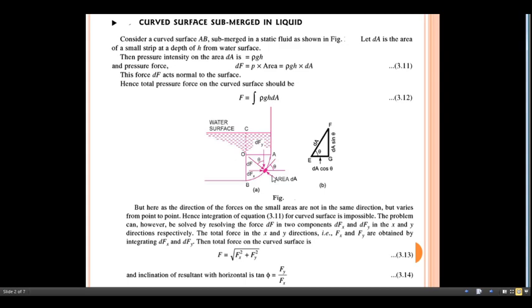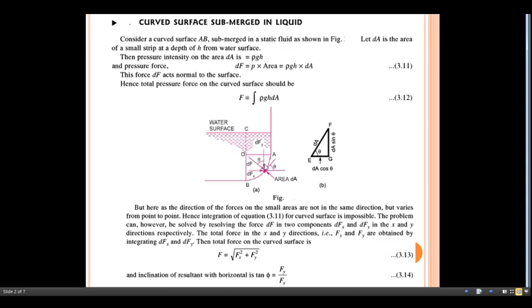However, the problem can be solved by resolving this force dF into its components. The component along this direction is dFx and this indicates dFy.